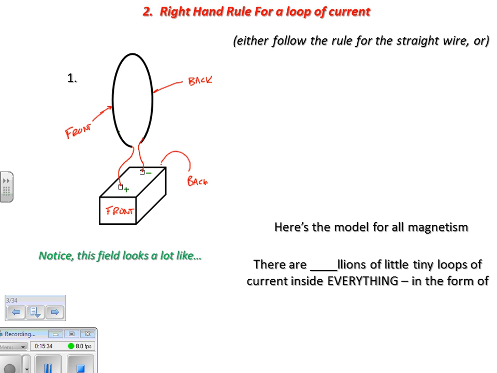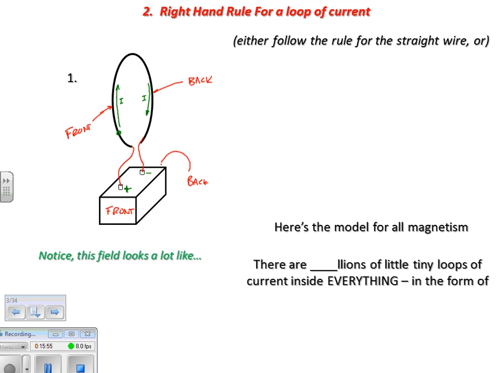All right, so if we look, say, right here, and that means, well, if positive is here in the front, that means that conventional current is going up like this and down the back. So we could still use our right hand, right?